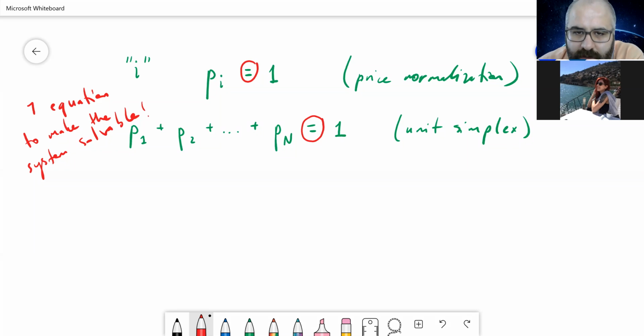You can also define something like this. It doesn't really matter. As long as you give me one equation about any of the prices, I can do it. You can also do this.